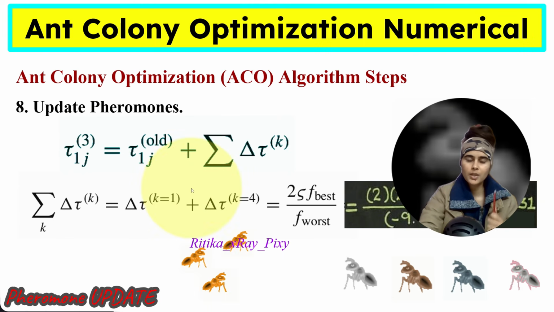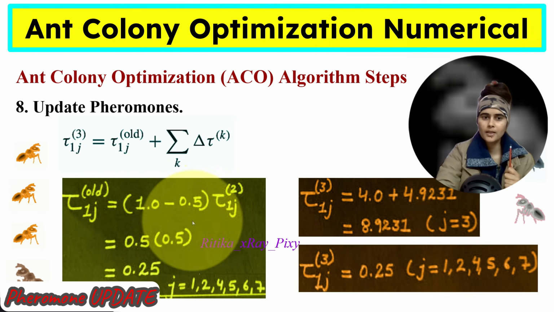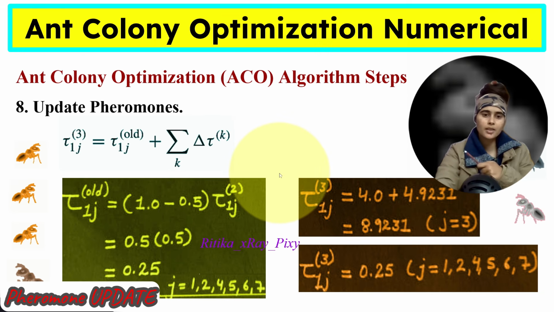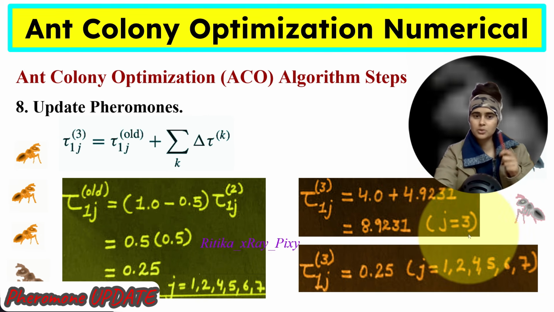Again we will update the pheromones. You can see now we have 2 ants, ant 1 and ant 4. Put the values here and then update the pheromone using this equation. We have the best path and the non-best path. For the best path there is j equal to 3, that is the third path.